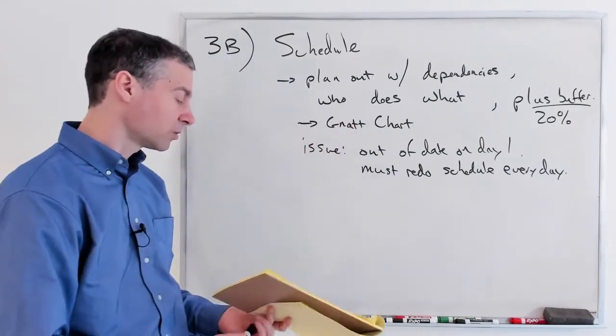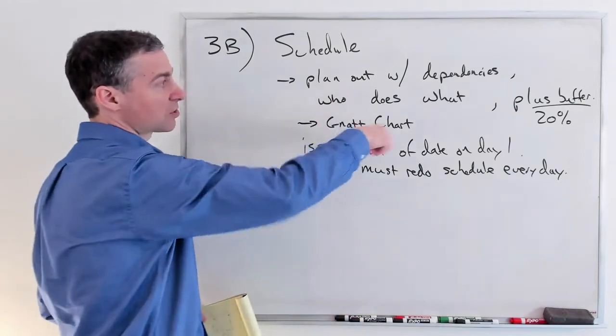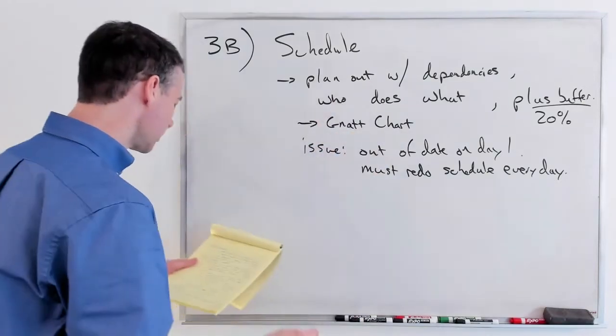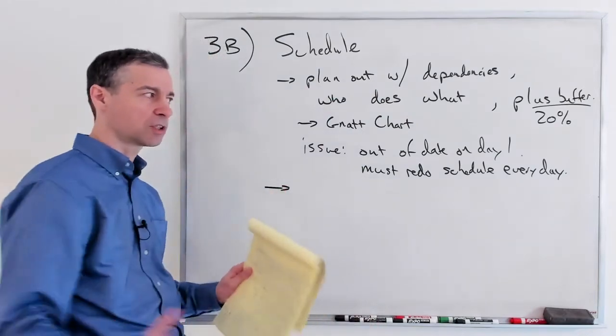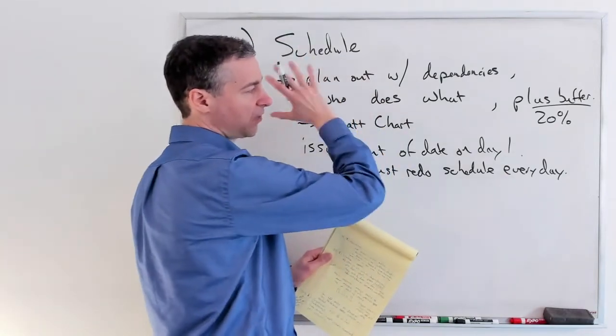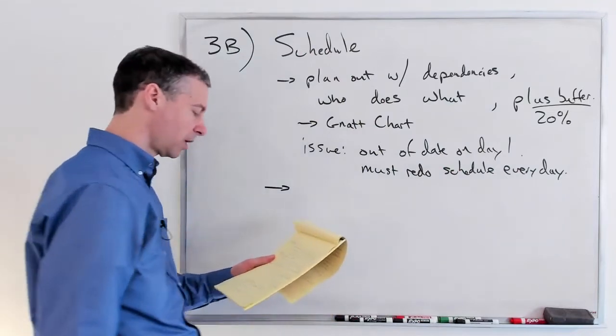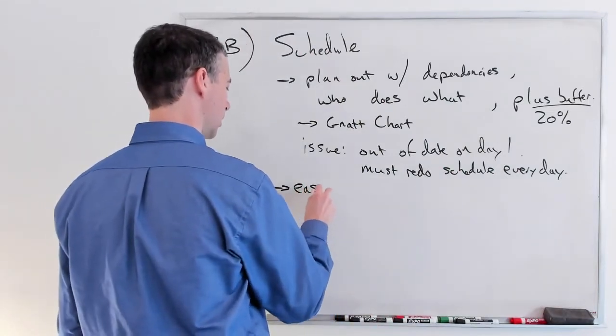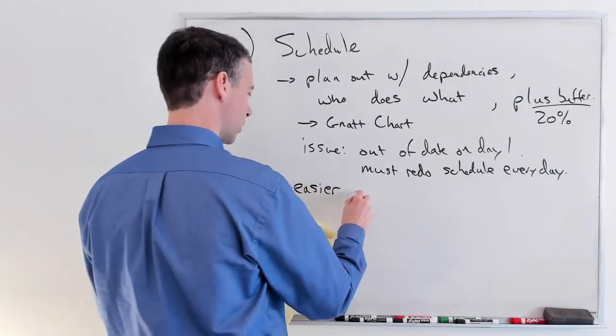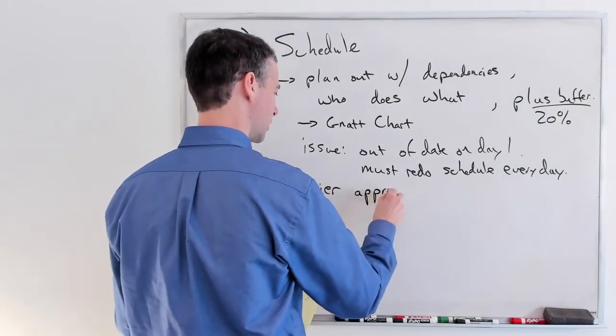I'll tell you, now you'll see this in a lot of books, but there is actually an easier approach that's sort of halfway between a traditional, very controlled schedule and an agile one. I've used this approach, and it's actually pretty nice.